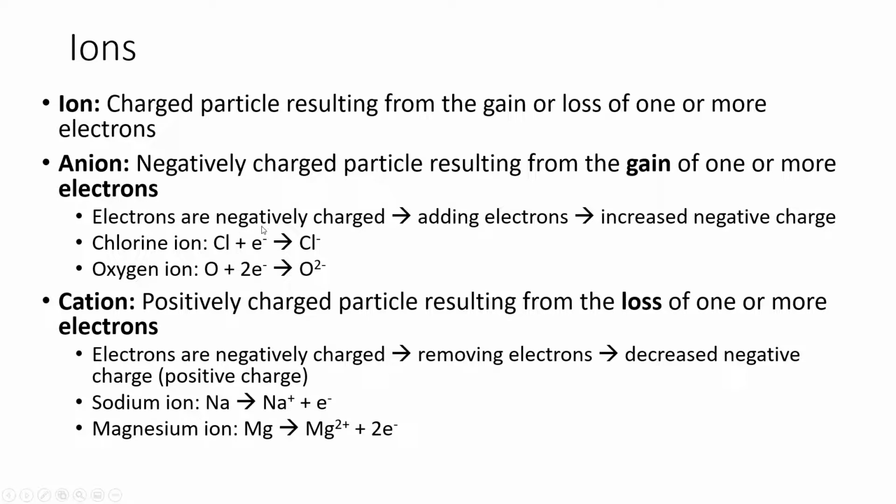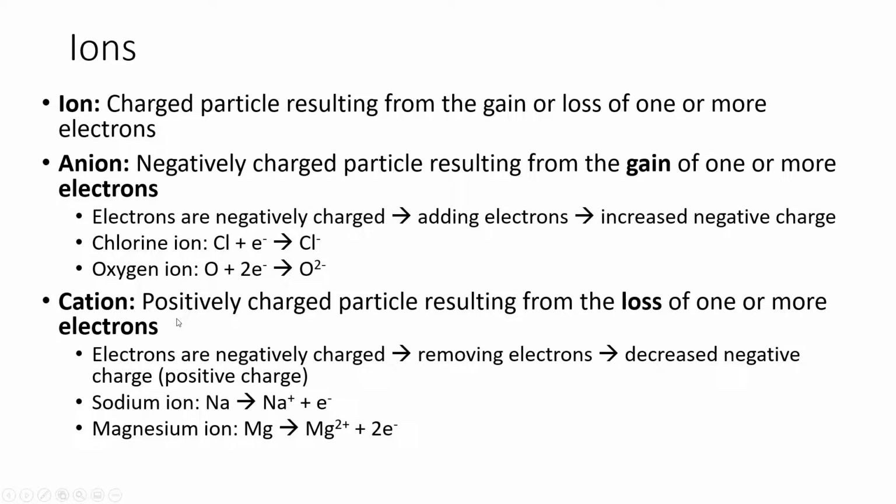If we put an extra electron on it, that's going to put another charge on it to form Cl-. And this minus is a superscript to the right, which means that there's one extra negative charge. An oxygen atom, if you add 2 electrons, forms into O2-. And this 2- here shows that there's 2 extra electrons. So it's a doubly charged anion.